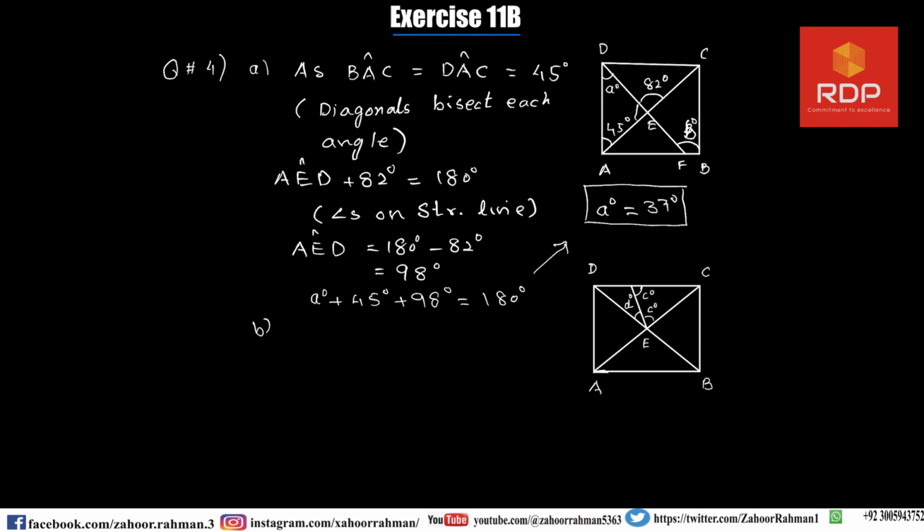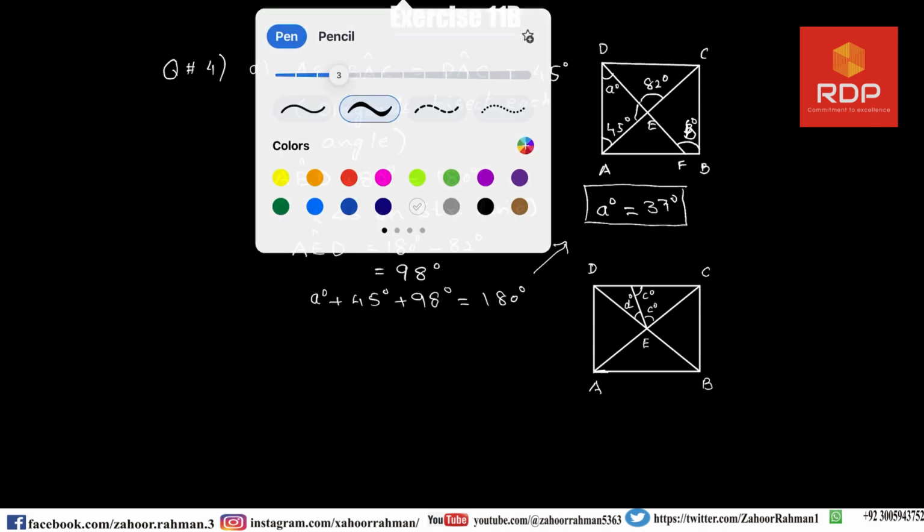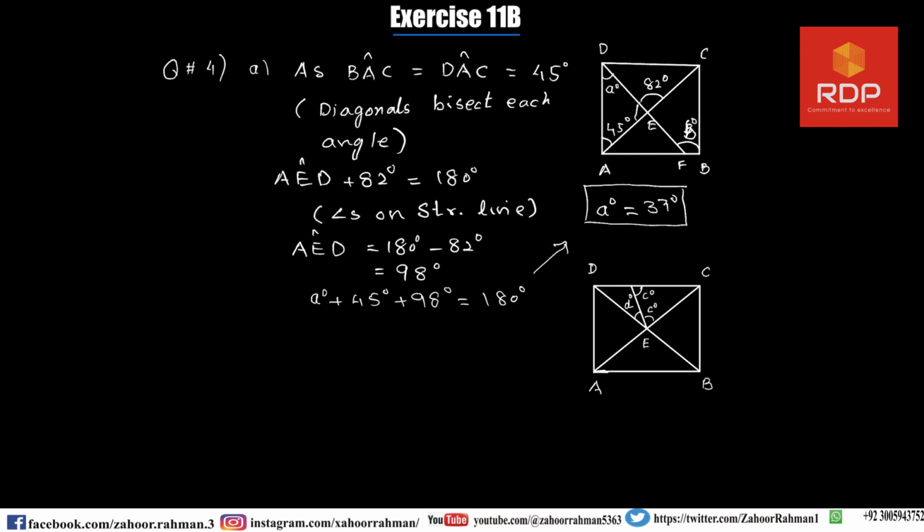But for that, what do we have to do? We have to write it here. I will shift that question b downward later on, but let us do the second part of this first.